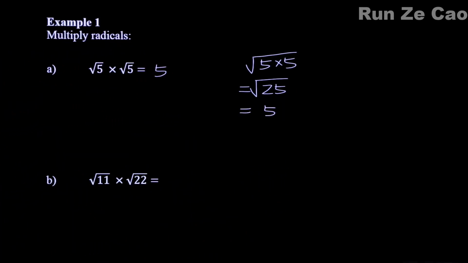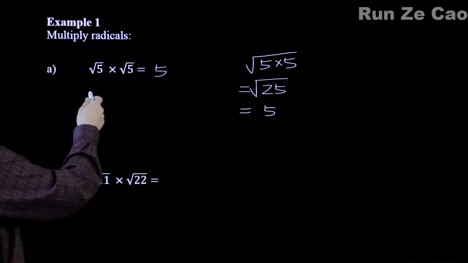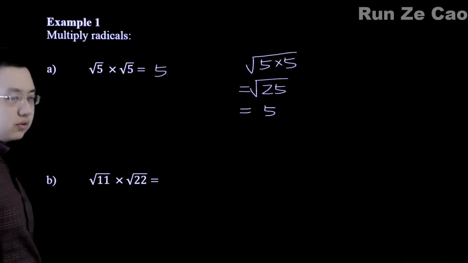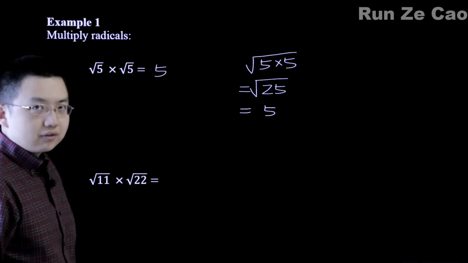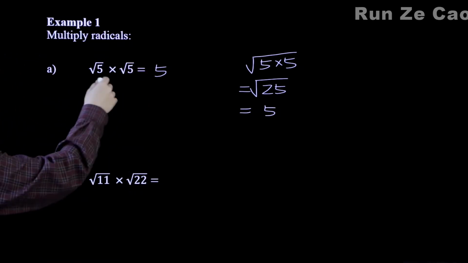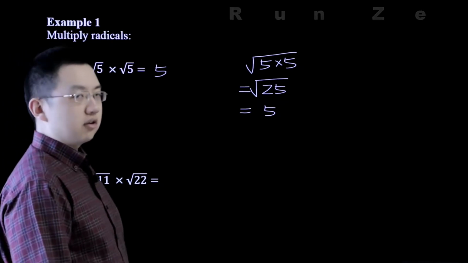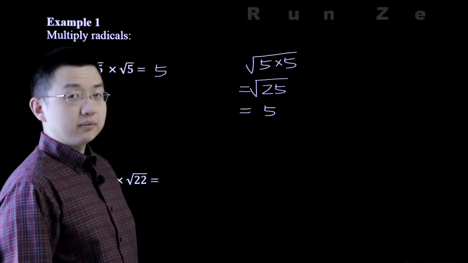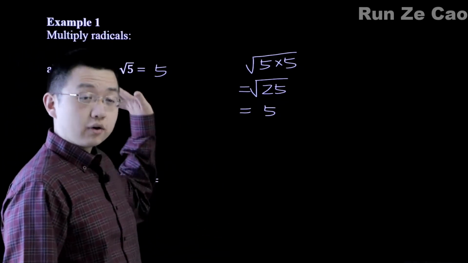Now in this case, we still follow the convention that the root is assumed to be positive. Otherwise, we could be like, oh, this could be plus minus 5 because square root 5 could mean negative square root 5. Well, that's a little bit more complex than we are going to bother with.